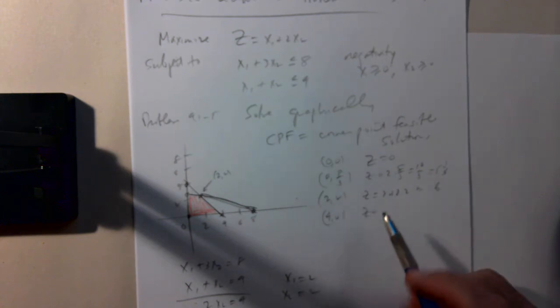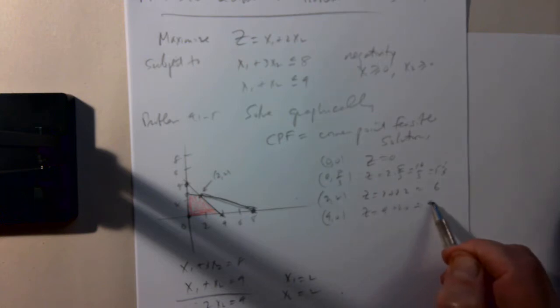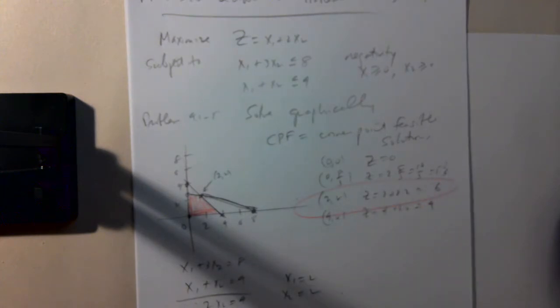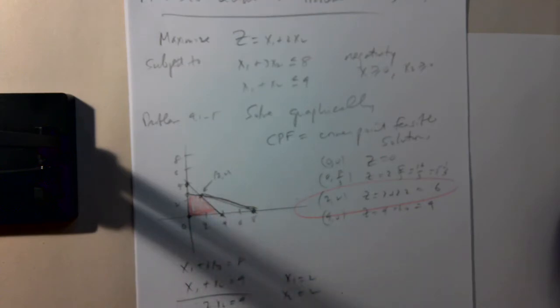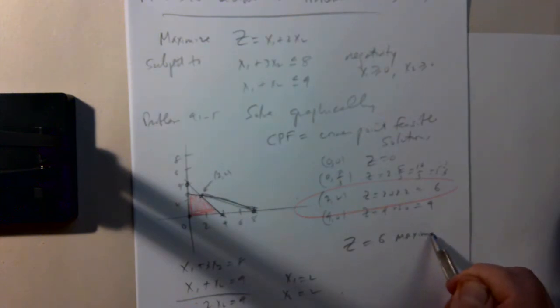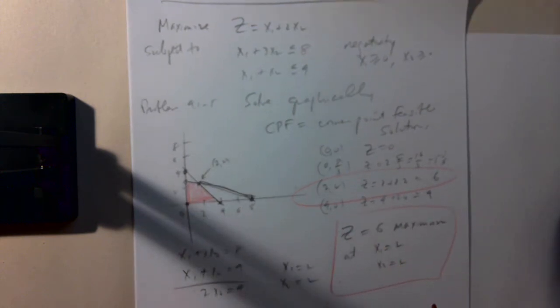And at 4, 0, this is 4 plus 2 times 0, which is 4. So z equals 6 is the maximum value of the objective function, and it occurs when x1 equals 2 and x2 equals 2. So this is the graphical solution to the problem.